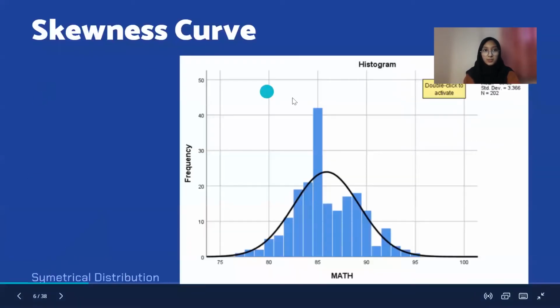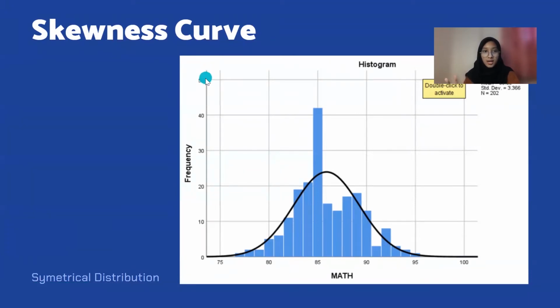So let's take a look at the skewness curve. This curve shows that the data is normal because the mean is almost the same as the median and the mode. It's just slightly different, about 0.89 difference. We can say the data is symmetrically distributed.